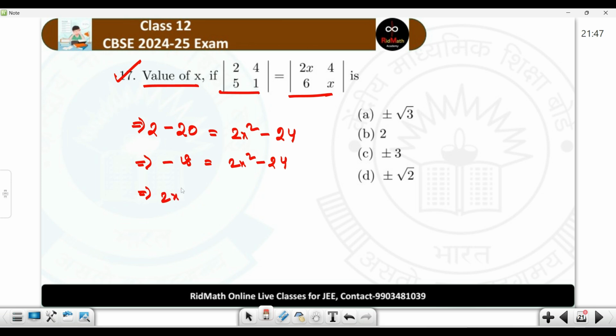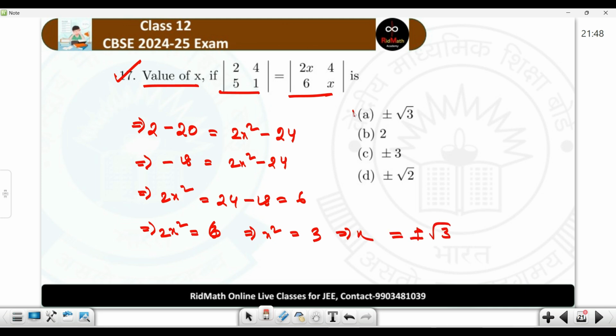So this is 2x square equal to 24 minus 18, that is 6. So 2x square equal to 6 and x square equal to 3, that means x equal to plus minus root 3. That means A option is correct. Next problem.